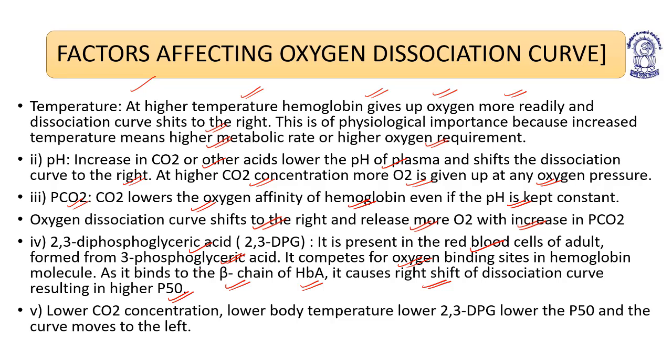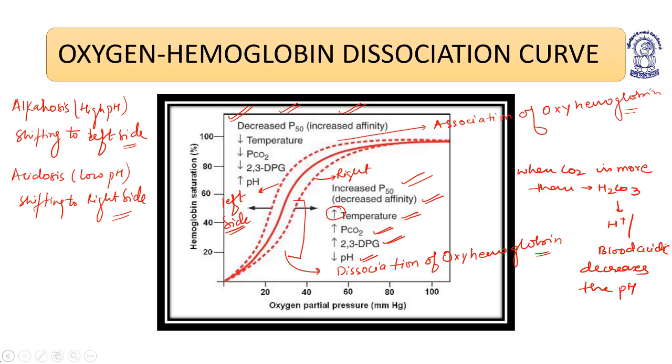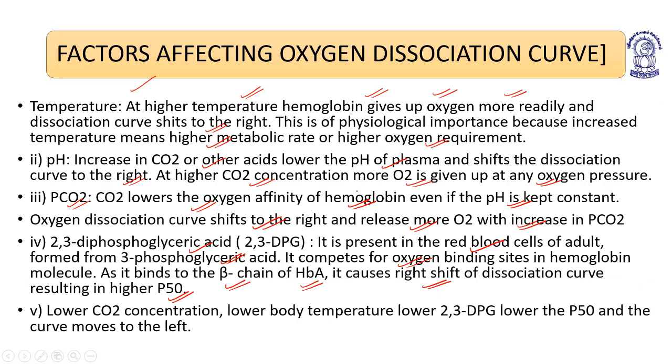2,3 diphosphoglyceric acid is present in the red blood cells of adults, formed from 3-phosphoglyceric acid. It competes for oxygen binding sites of the hemoglobin molecule. As it binds to the beta chain of HbA, the curve shifts to the right side, resulting in higher values of P50. Increased P50 means decreased affinity towards oxygen.